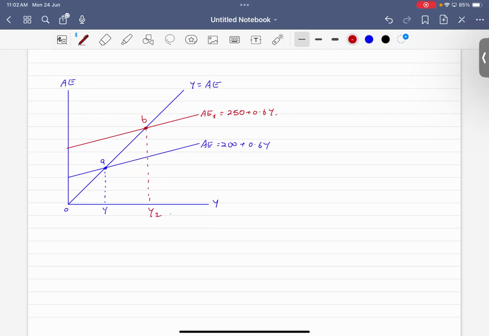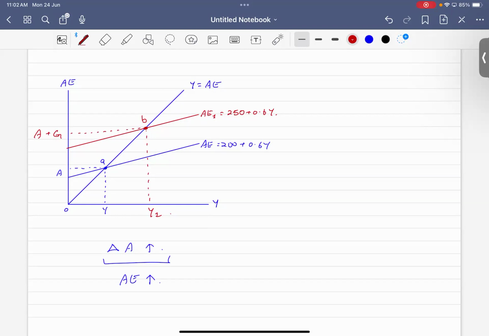This is caused by the change in the autonomous injections. The change in autonomous results in AE increasing. Initially your autonomous is only here, but with government spending, for example, it increases.